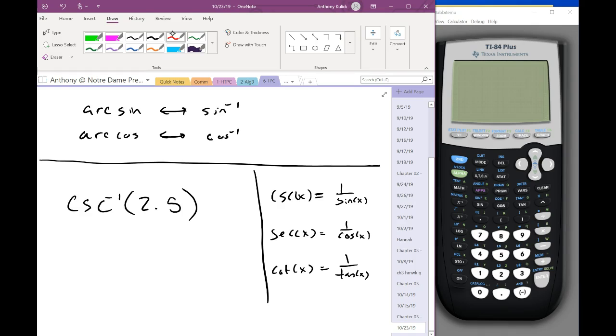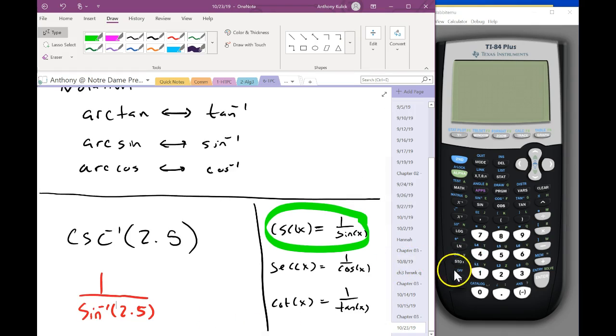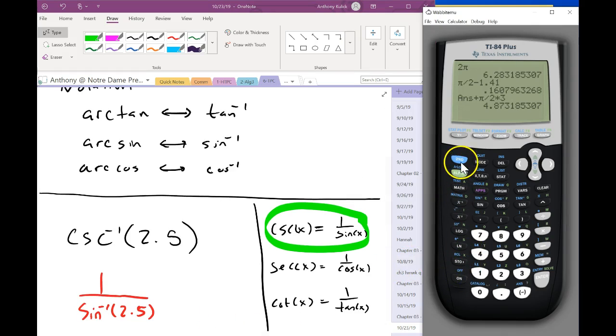Okay. So I know that cosecant of x is equal to 1 over sine of x. Everybody agree with that? So hopefully I can just write this as 1 over sine inverse of 2.5. Unfortunately, that doesn't work. Let me just demonstrate.